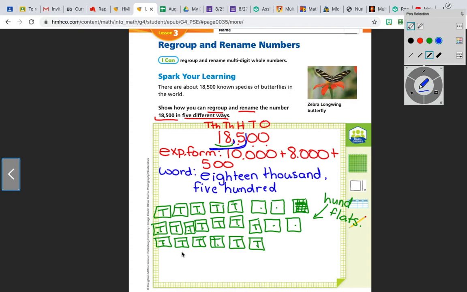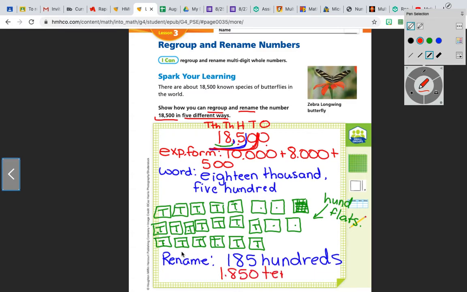I can rename it as 185 hundreds. We could also rename it as, if I look at tens, so I come here on my tens, I'm going to scoop it all up. So I have 1,850 tens.